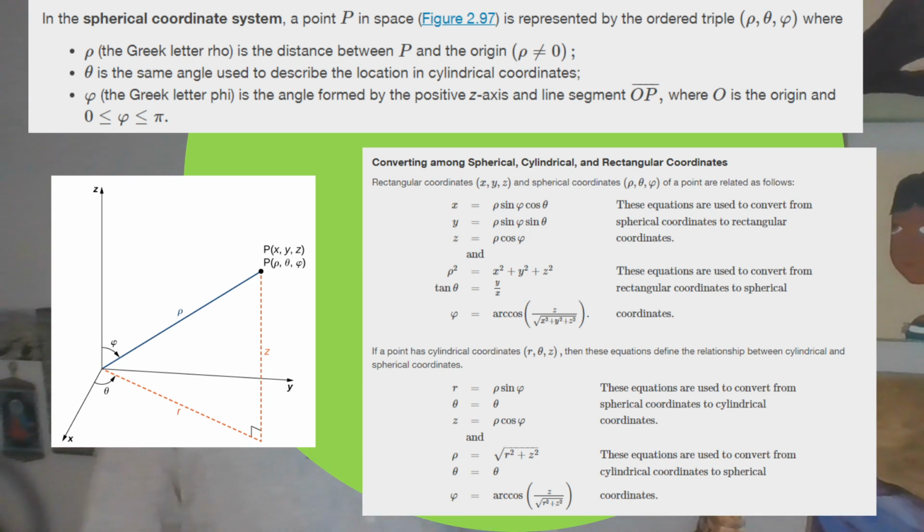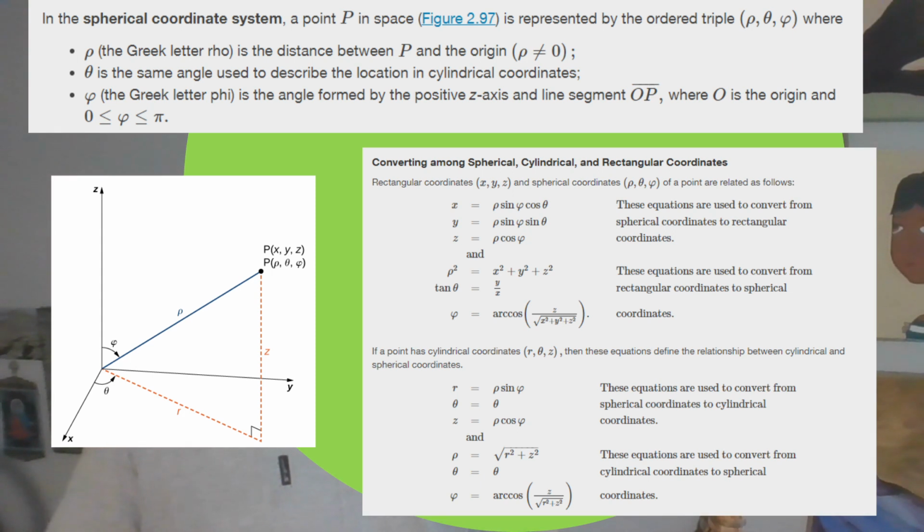It's hard to see just by looking at this picture, but if you actually draw on this picture, you can see that r is going to be rho times sine phi. And if r is rho times sine phi, then we can look at x as r cosine theta and replace r with rho times sine phi, and then you're going to get the relationship in cylindrical coordinates.